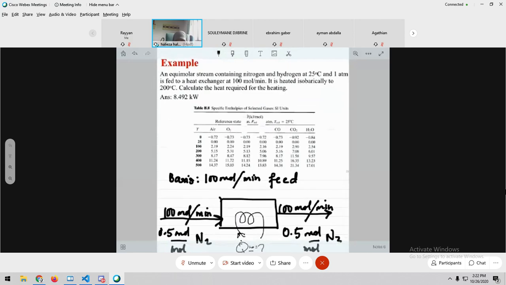That's the question. So what you have to do when you do this problem, I'm going to go to the next page.